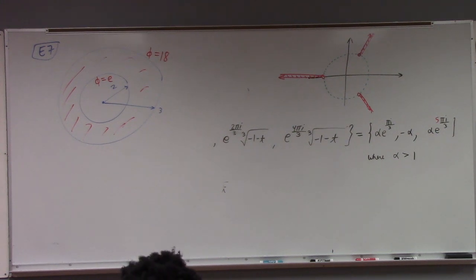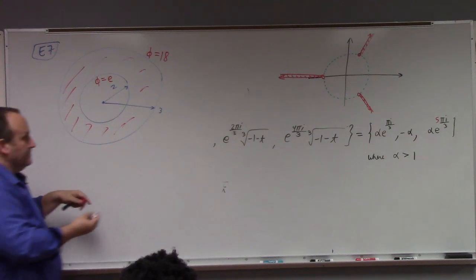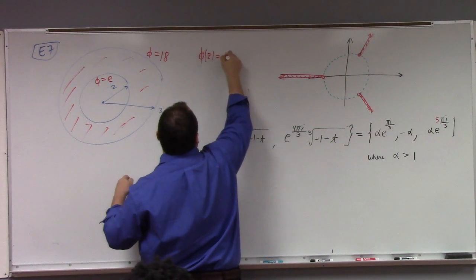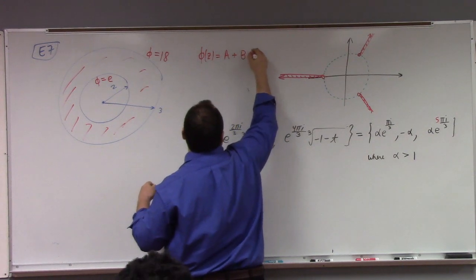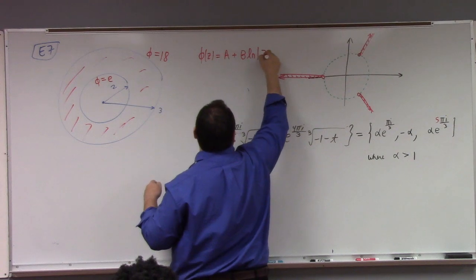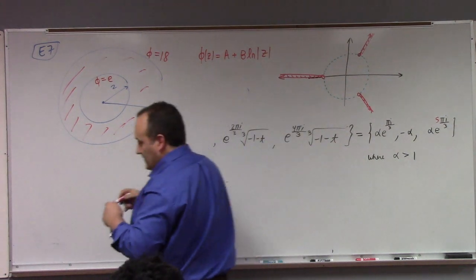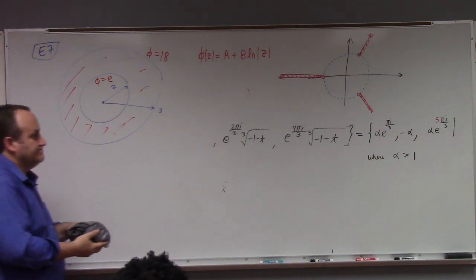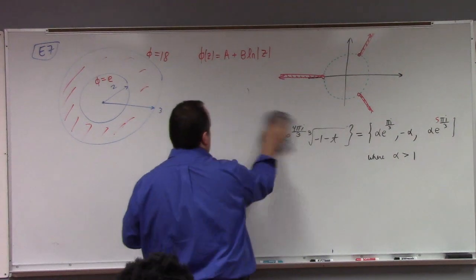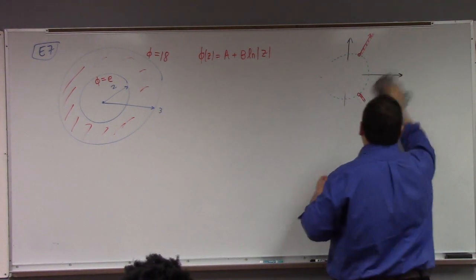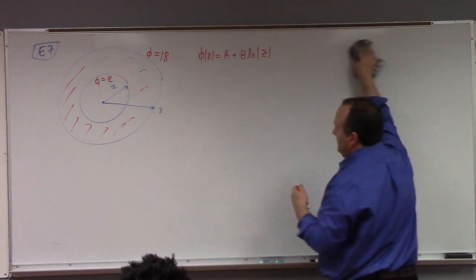So if we play the same game here, we make the template phi of z equals a plus b times the natural log of the modulus of z. This is harmonic everywhere except where the modulus of z is equal to 0, right?